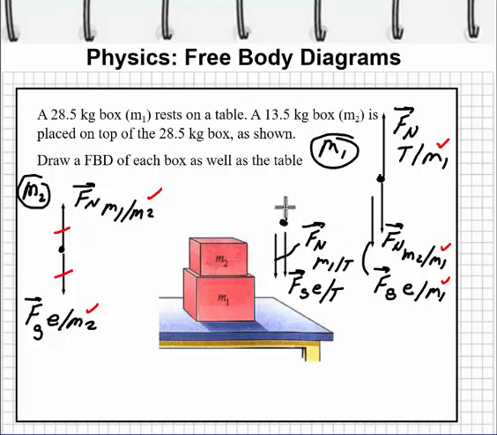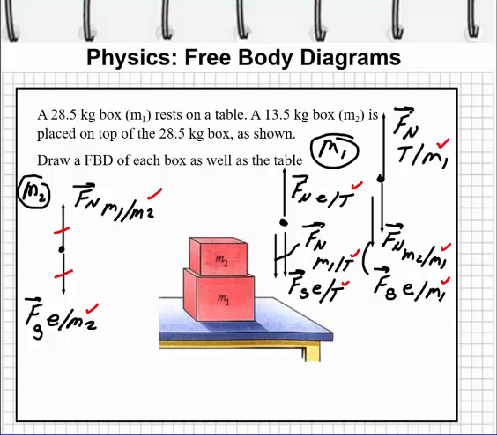And this would feel a normal force. So there's my force normal. And again, this would be Earth onto table. Same way as before, notice the table comes last. Okay, so that would be the free body diagram, and we will typically not draw the free body diagram of the Earth. So that's the free body diagrams of M2, M1, and the table.